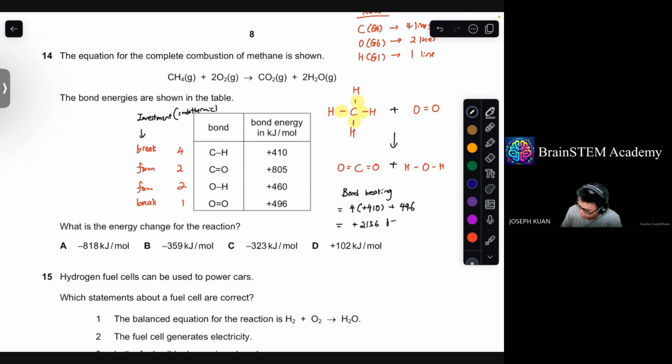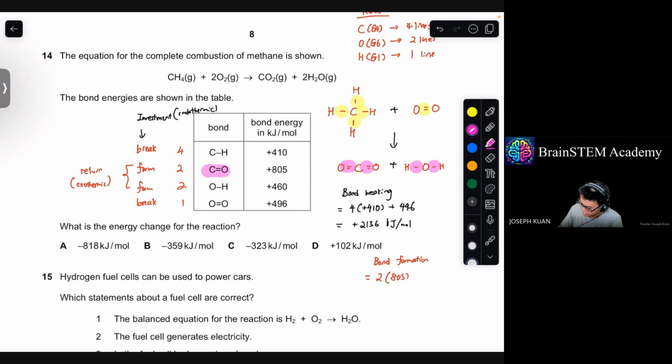Right? Then we figure out how much energy is released. Remember, bond formation is like a return process. Your investments have returns. So it's an exothermic process, which means that you need to convert the signs to negative. So bond formation is 2 carbon-oxygen double covalent bonds, so there will be 2 multiplied by 805.